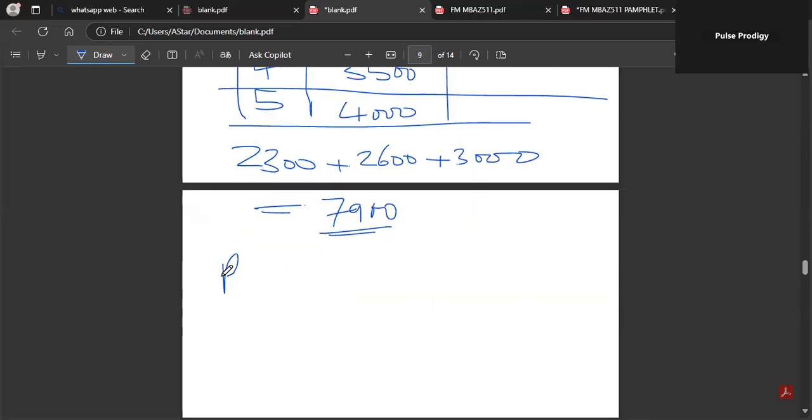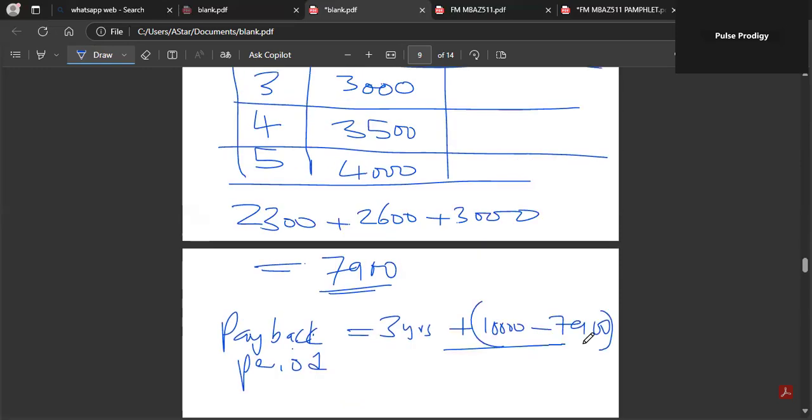So the payback period for this one is equal to 3 years, plus 10,000 minus the 7,900. This amount, 2,100, we will recover from year 4, where we have 3,500.